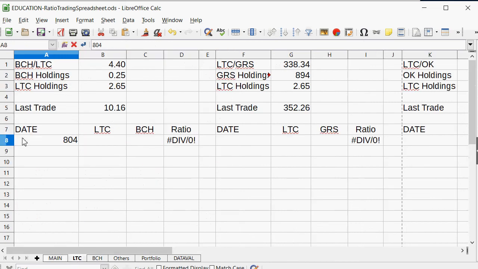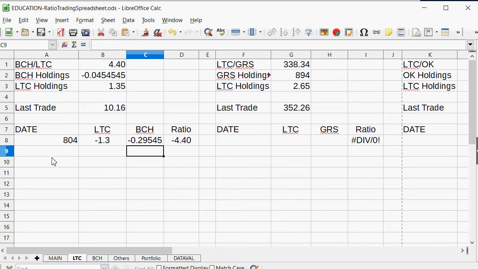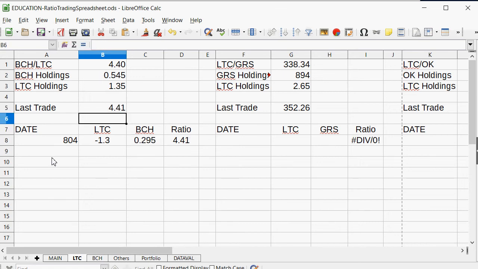So in 804, the ratio of 4.4, I got 2.6, so I can go like 1.3 Litecoin, which would be about this divided by 4.4, 0.295. So I put in last trade of 441, and now Bitcoin Cash is up to 0.5454, and I only got 1.35 Litecoin here now.